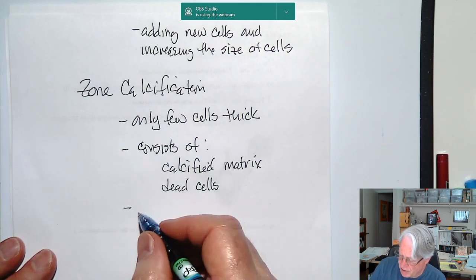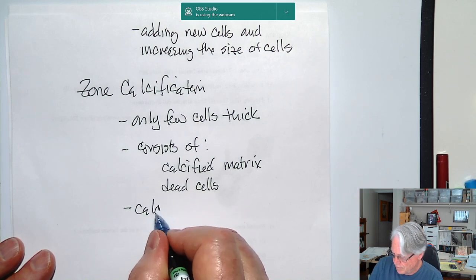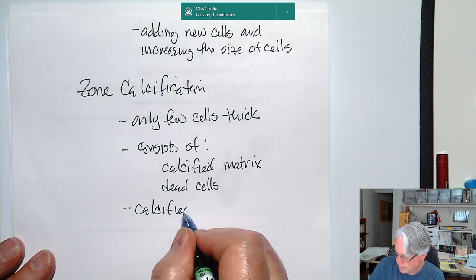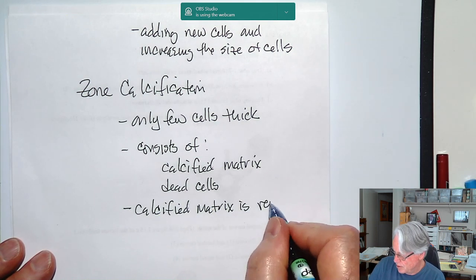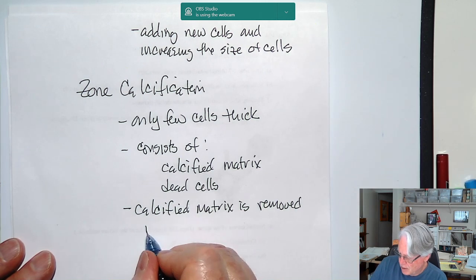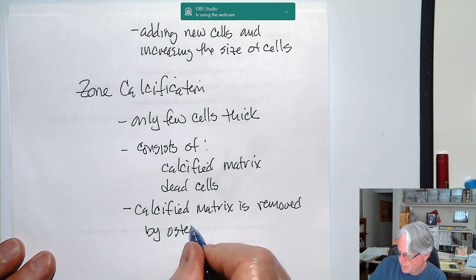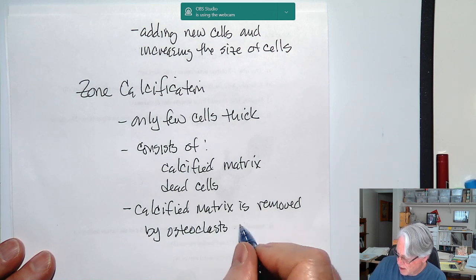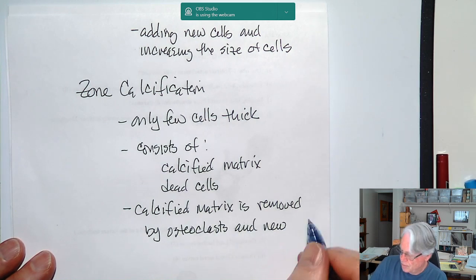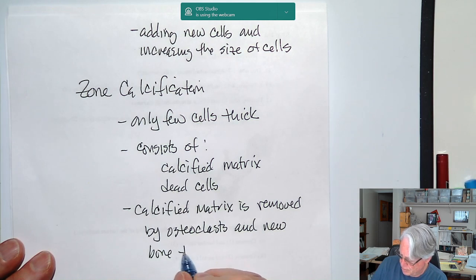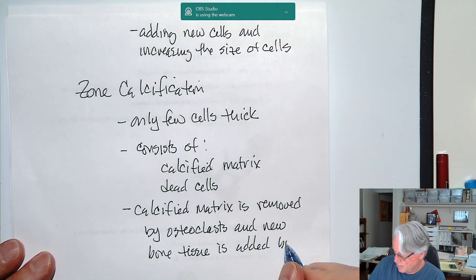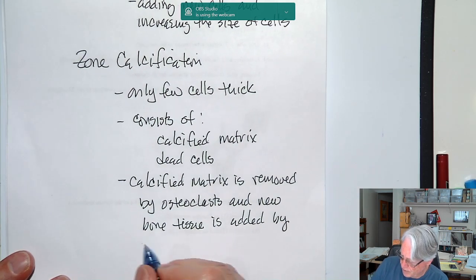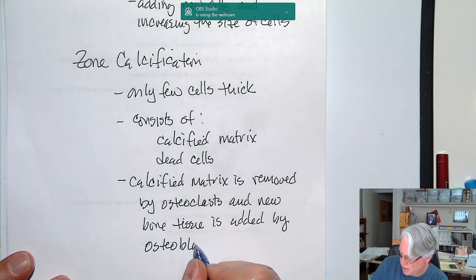And what's going to happen here at this zone is the calcified matrix is removed by osteoclasts, and new bone tissue is added by osteoblasts.